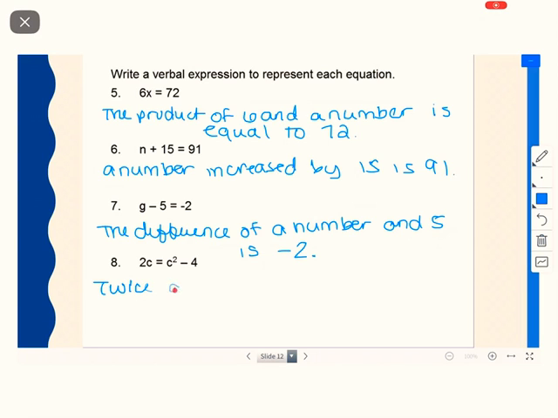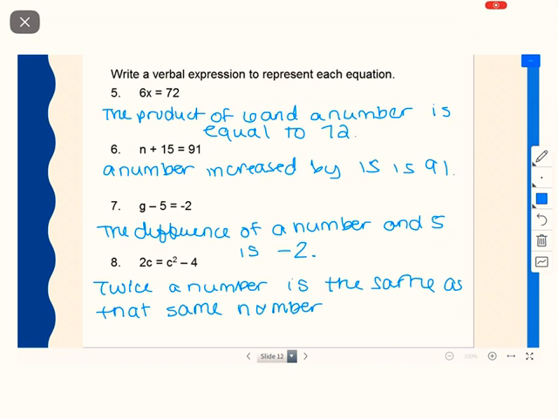Twice a number is the same as that same number squared, and maybe we say decreased by 4.